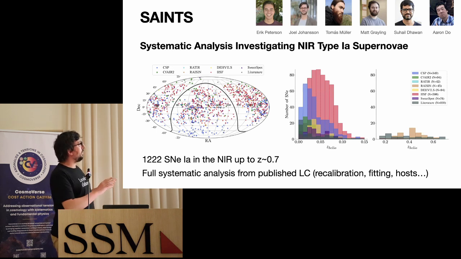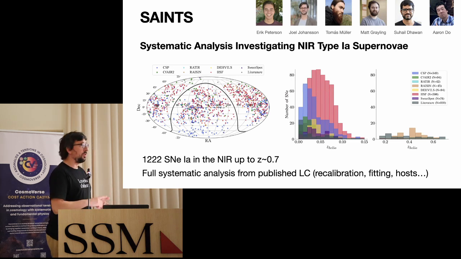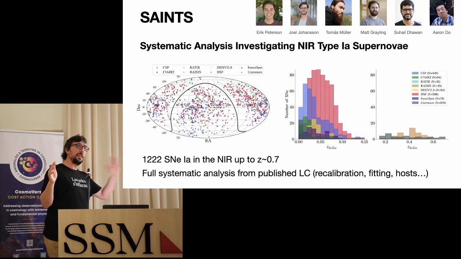With different experiences and approaches, we have put together more than 1,200 supernovae, all with data available in the near infrared, up to redshift 0.7. We are starting from scratch, from the light curves, doing the recalibration of the photometry, using different light curve fitters, SNooPy, SALT, and BayeSN, doing a systematic analysis of the host global and local properties.